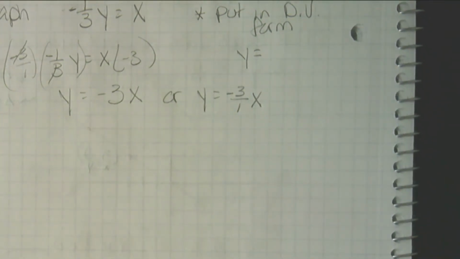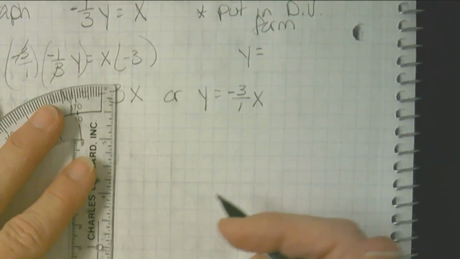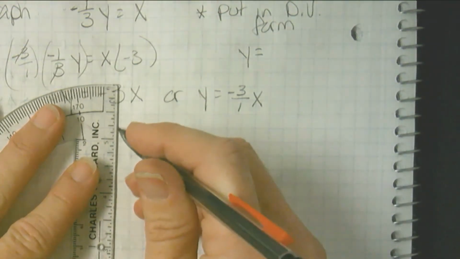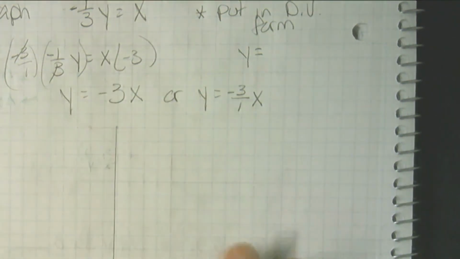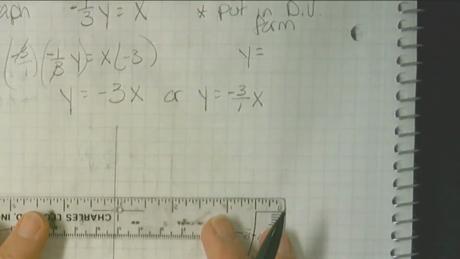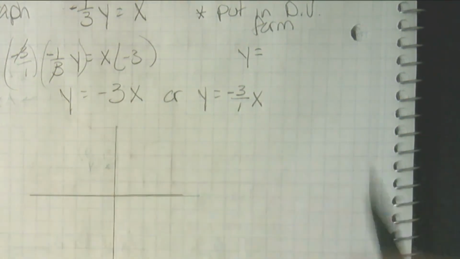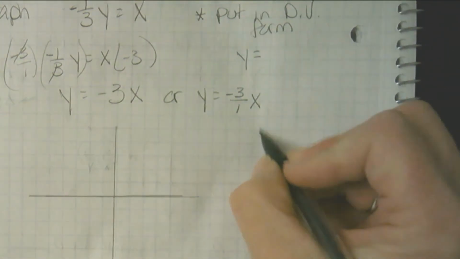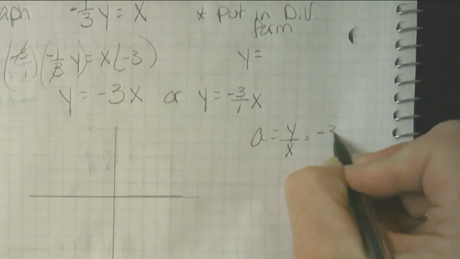So what are my 2 points that I'm going to graph this equation? Absolutely. Remember, my a is y over x. Here it's negative 3 over 1.